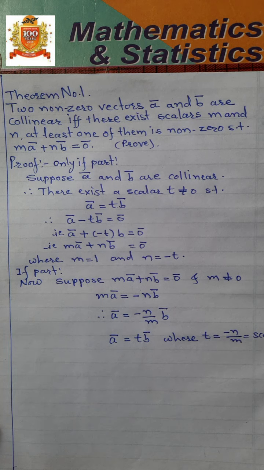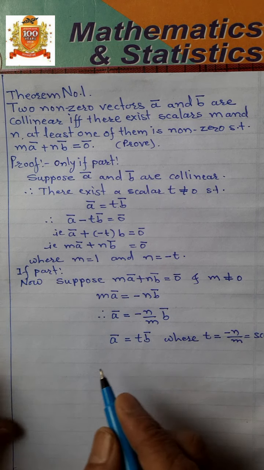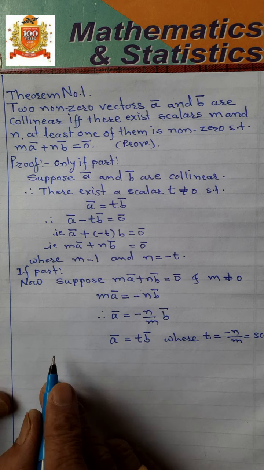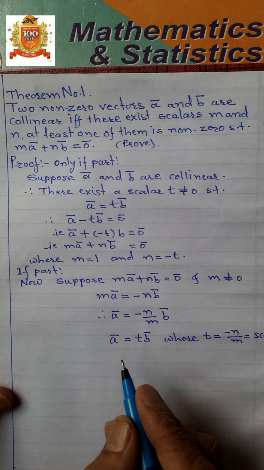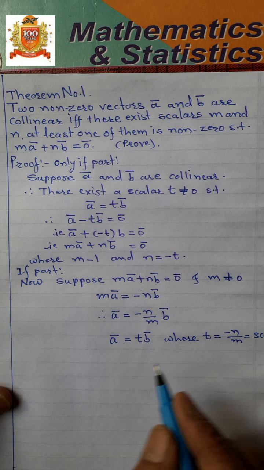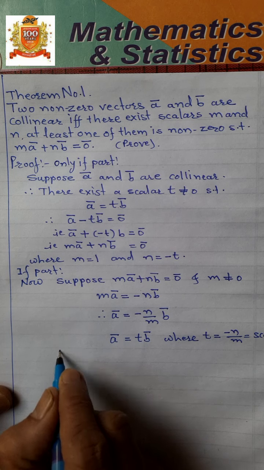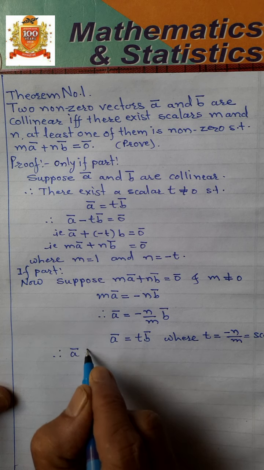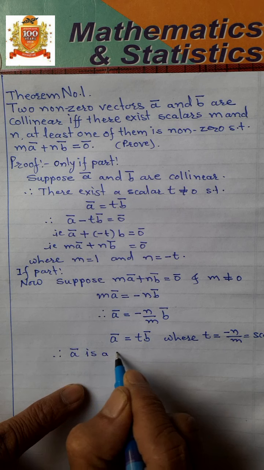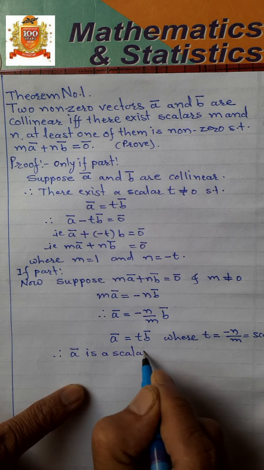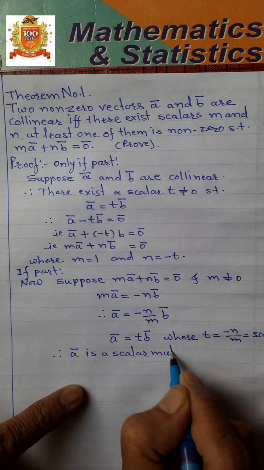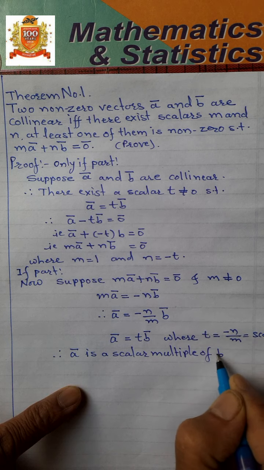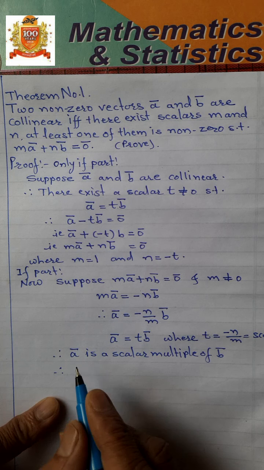Therefore, here we express a bar as a scalar multiple of b bar. When one vector is a scalar multiple of the other, then these two vectors are collinear.